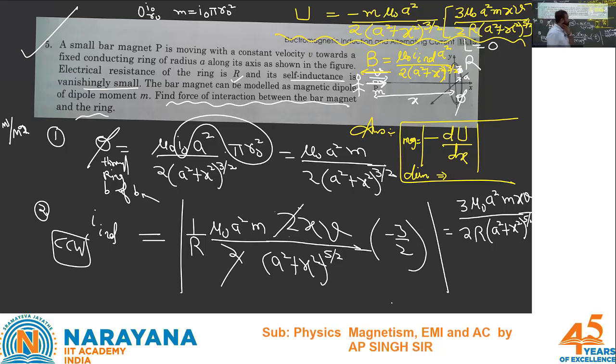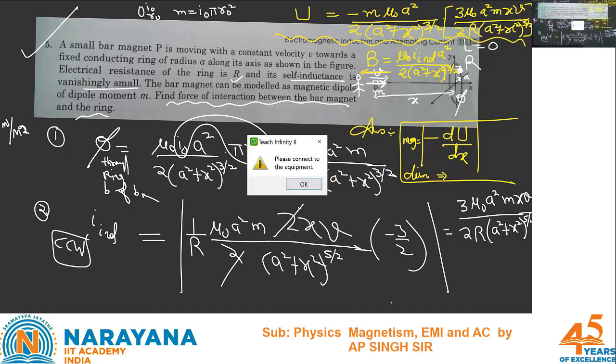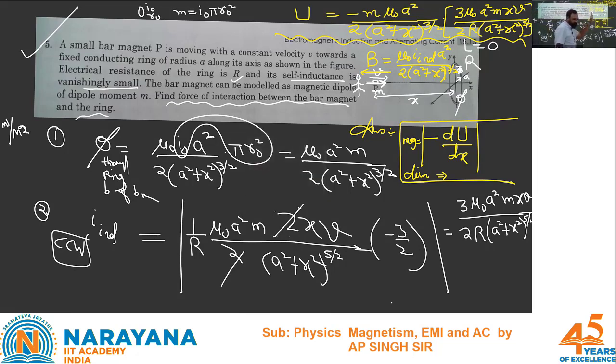This magnetic field will have an interaction energy with the small dipole, and the rate of change of that magnetic interaction energy will generate a repulsion on the bar magnet. That is what is happening. So if an agent has to ensure that it keeps on moving rightward with a constant speed, he has to apply the same magnitude of force rightwards, because mutually they will repel. Calculation now you can do, right? That expression's d by dx.